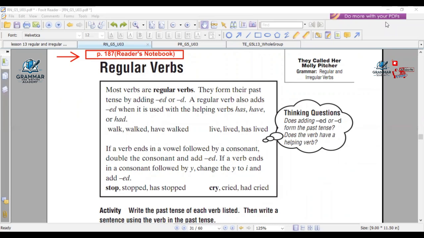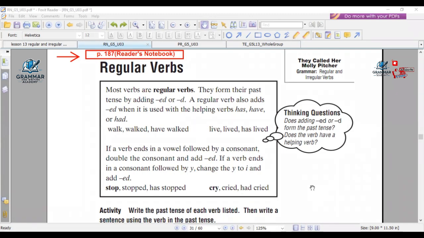If the verb ends in a vowel followed by a consonant, double the consonant and add ed. If the verb ends in a consonant followed by y, change the y to i and add ed. Stop, stopped, has stopped. Carry, carried, had carried. Cry, cried, had cried. Thank you so much, Muhammad.